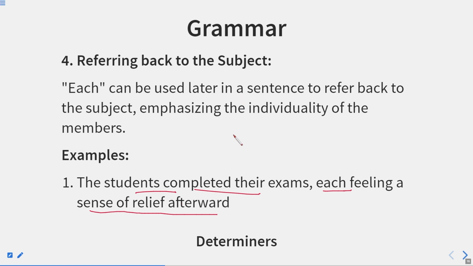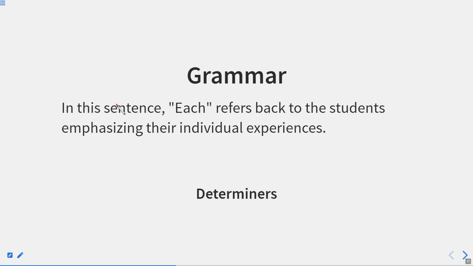Suppose there are 3 friends, X, Y, Z. All these 3 friends have taken their exams, and after taking their exams, they came out, and now X is relaxed, Y is relaxed, and Z is relaxed and happy. So I'm talking about each and every student individually. In this sentence, each refers back to the students, emphasizing their individual experiences.